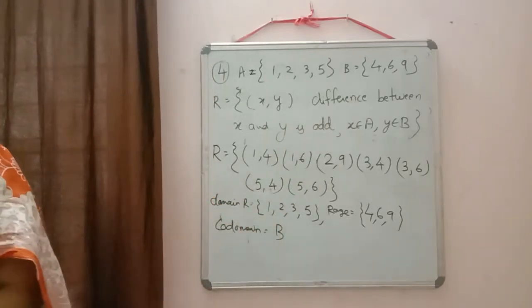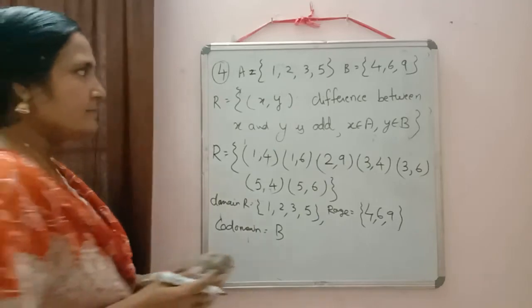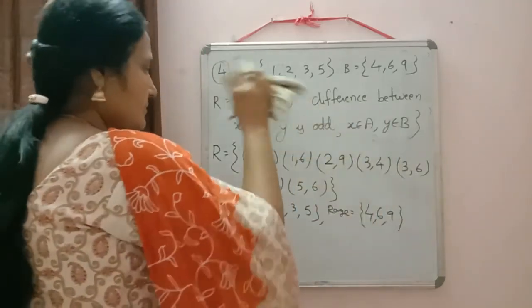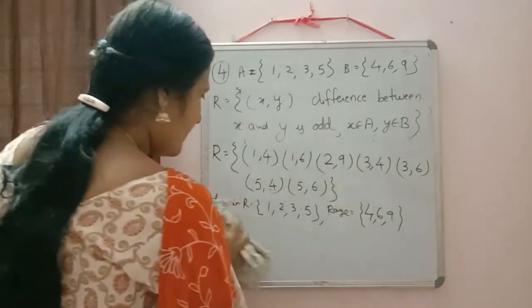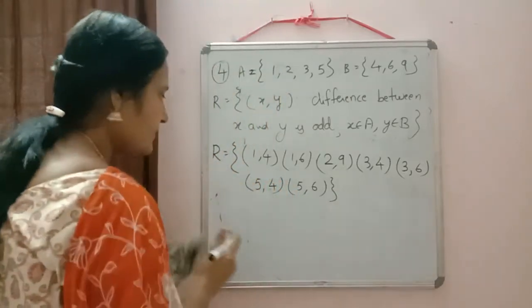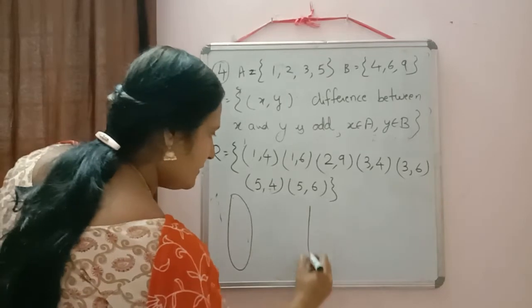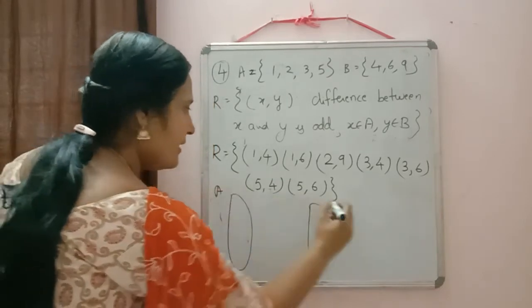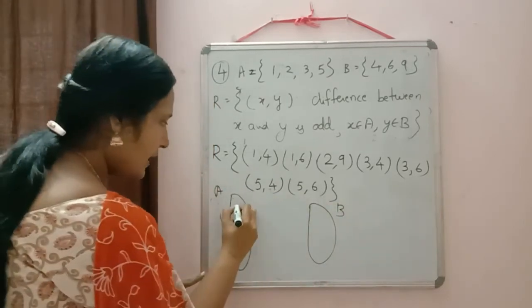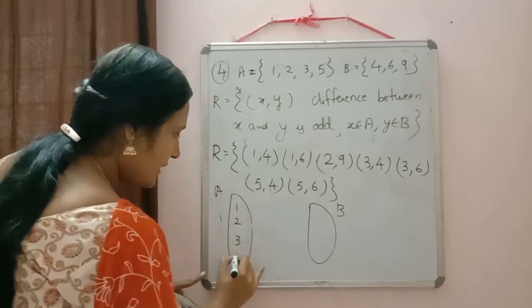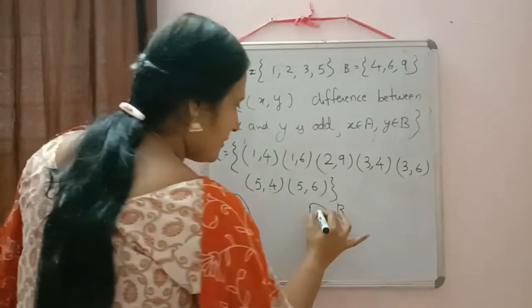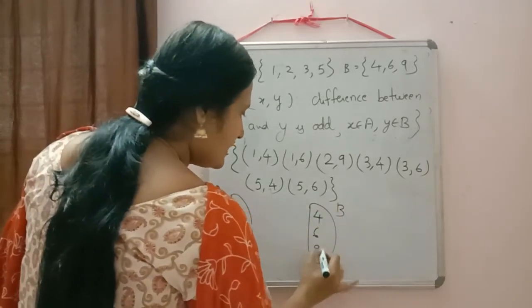Now we will check how to draw the arrow diagram. Arrow diagram I am drawing here only. Set A, set B. In set A we have 1, 2, 3, 5 and in set B we have the elements 4, 6, 9.